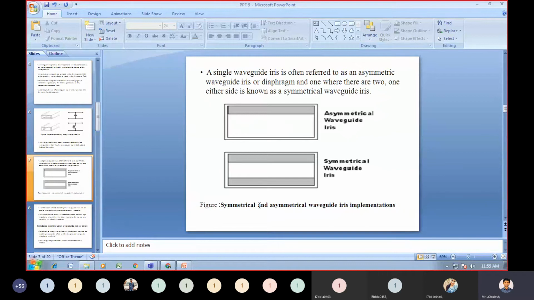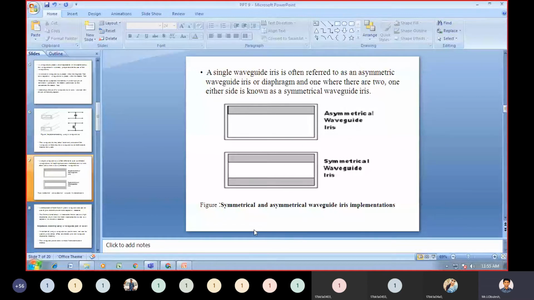Next, a single waveguide iris is often referred to as an asymmetric waveguide iris. Irises on both sides are known as symmetrical.